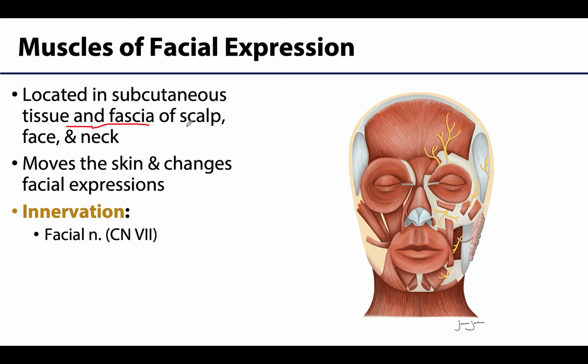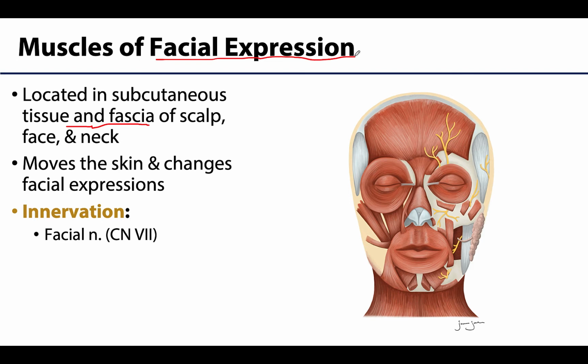And so when the muscles of facial expression contract, they will actually move the skin of the face to allow for facial expression. So that is something unique. Most of the muscles we're going to talk about have an attachment to bone, but the muscles of facial expression attach to those layers that allow for the skin to move.